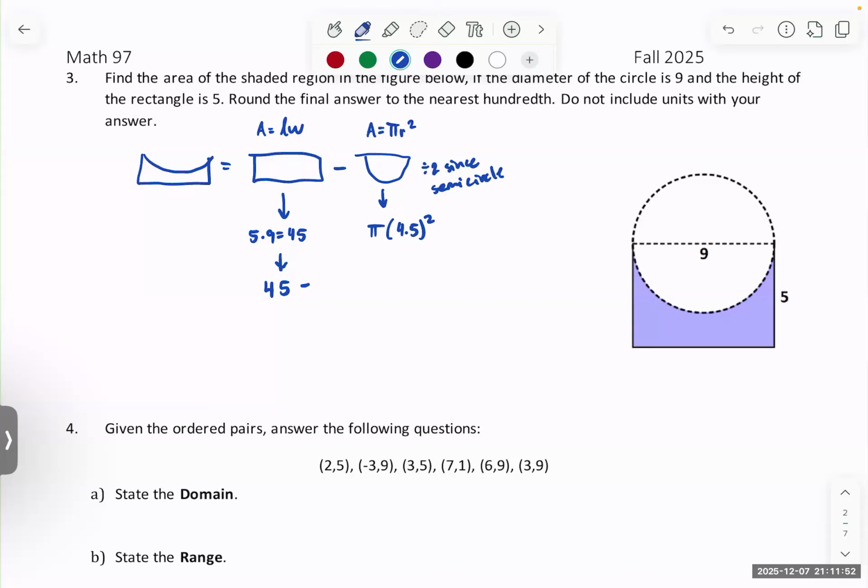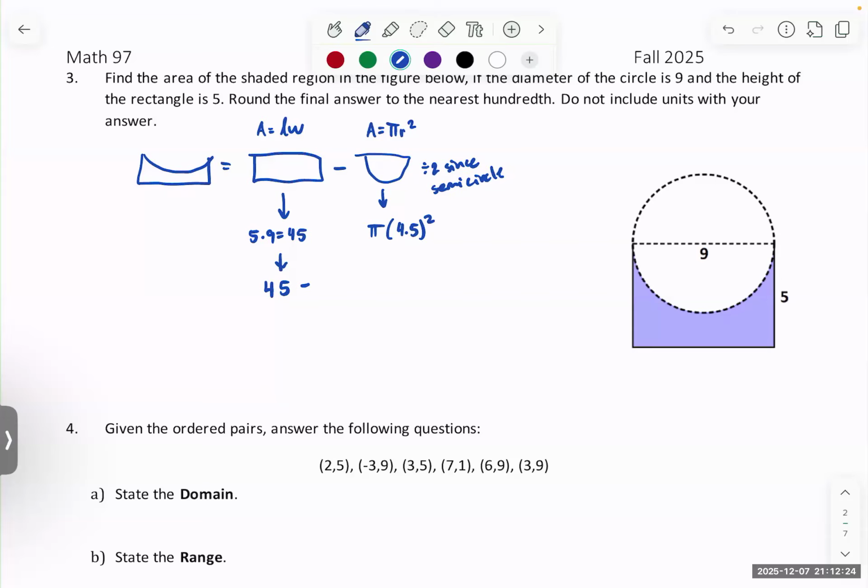4.5 times 4.5 is 20.25, times pi, which is going to be... hold on, something's not right here. So the diameter is 9.